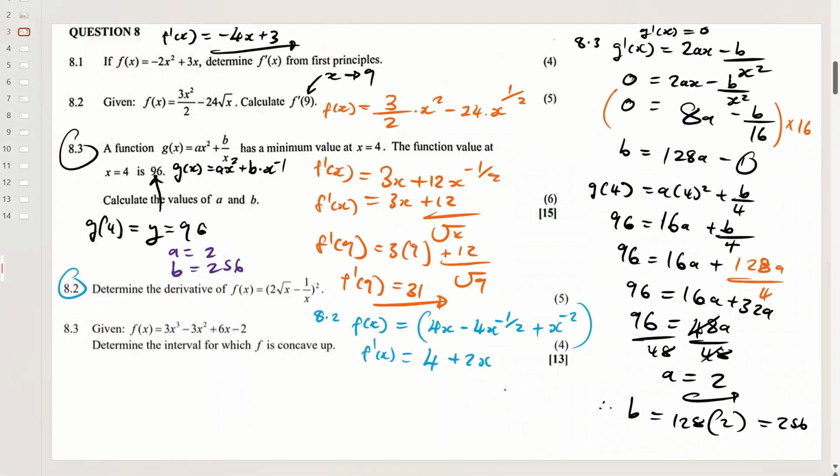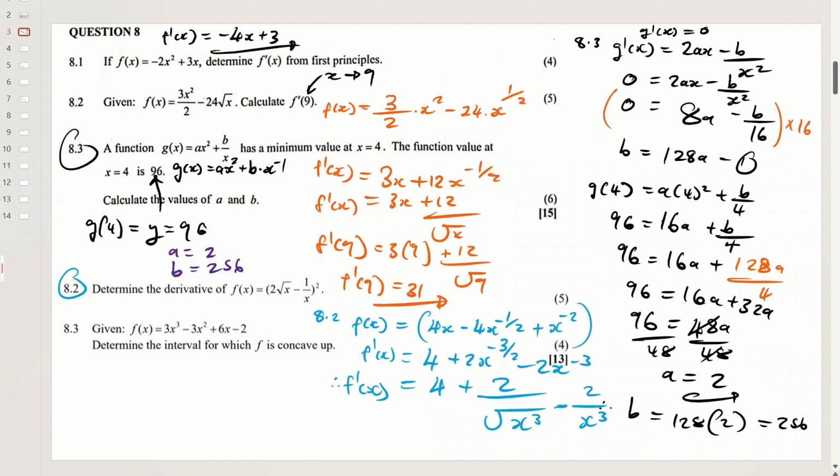Yes, negative 3 over 2. So this is negative 3 all over 2, minus 2x to the negative 3. I'm using the power rule. So go further. You'll say 2 all over the square root of x cubed, minus 2 all over x cubed. Yeah, you are done like that. So therefore, this is the first derivative.